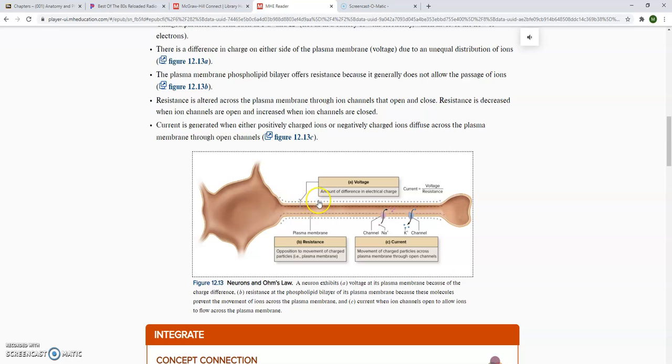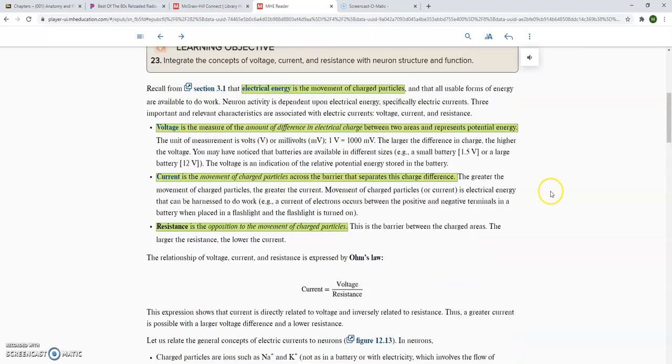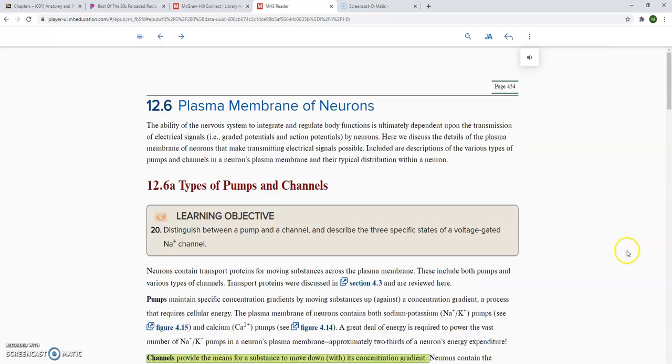Usually the outside has a more overall positive charge, just meaning that there's more positive charged particles outside the cell than there are negative ones. And then the inside of the plasma membrane of a neuron has a net negative charge, meaning there are more negatively charged particles inside the cell and fewer of the positive ones. So that's what it means when we say voltage.